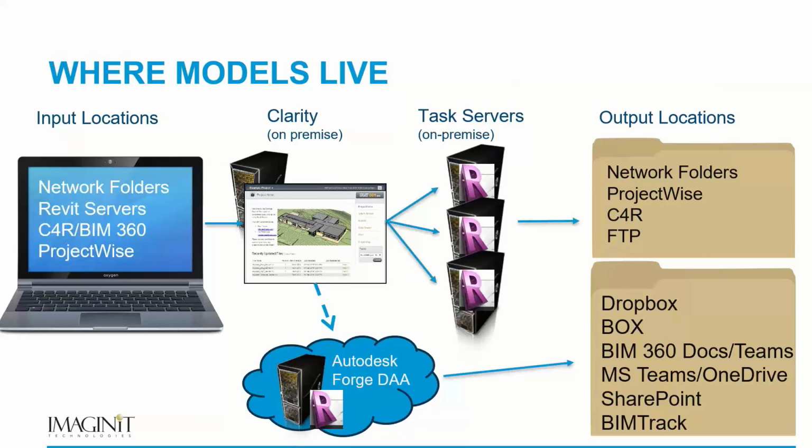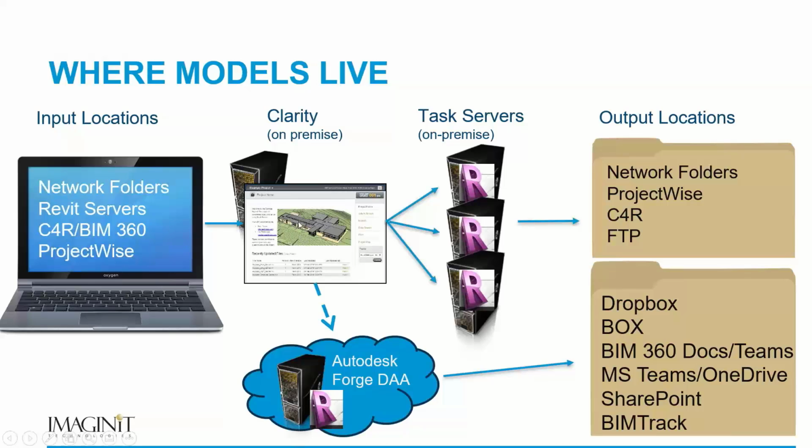So again, the fundamental of Clarity is that you set it up on your on-premise intranet site where your models live for a particular project. And that can be a network folder, that can be a Revit server, it can be BIM 360. We even work with Bentley ProjectWise if you store your Revit models in there.